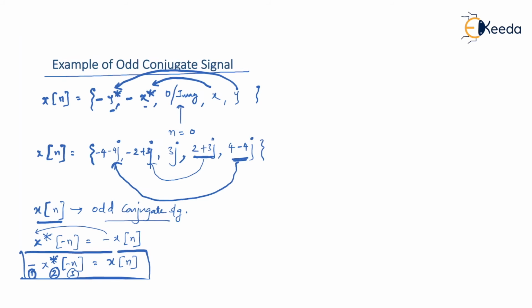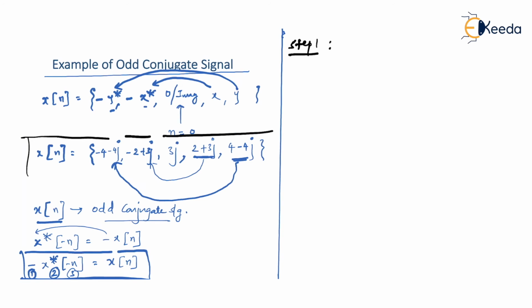So I'm going to follow the steps. Let us go for step number 1. So what is step number 1? We have decided. So assume this x of n is given to us, on which we will be doing a total of 3 operations. That is amplitude reversal, conjugate of the signal, and then time reversal. Step number 1, amplitude reversal.